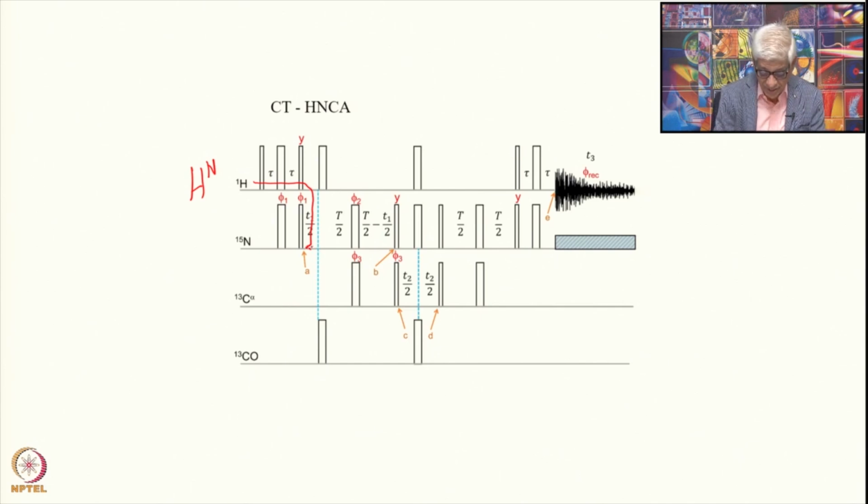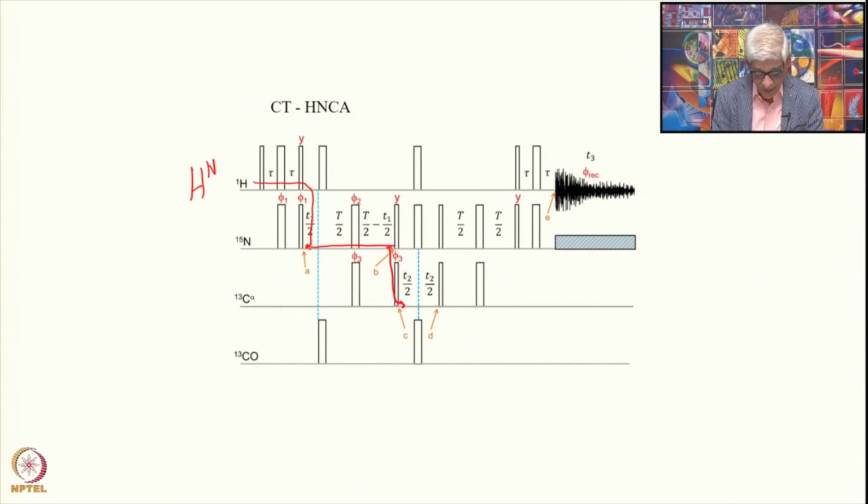And then during the next period from here to here it flows on the nitrogen path, remains on nitrogen, and then it is transferred to C alpha. So this is the pathway. So the magnetization flows in this manner. From the amide proton it goes to the nitrogen, from the nitrogen it goes to this C alpha.